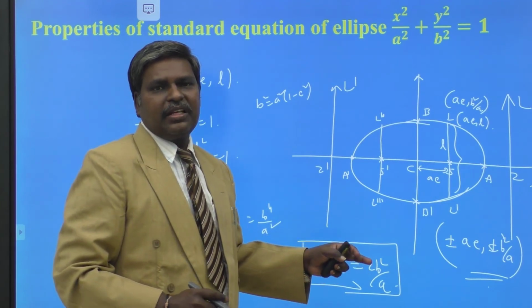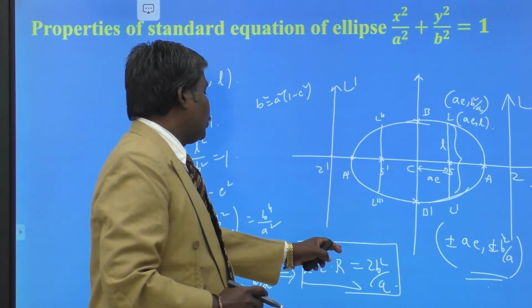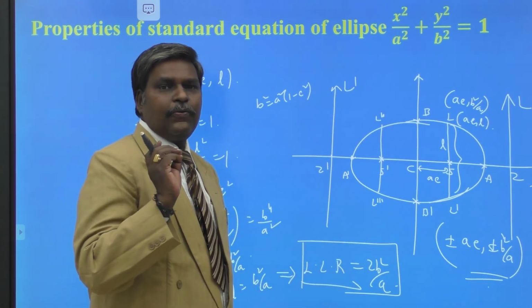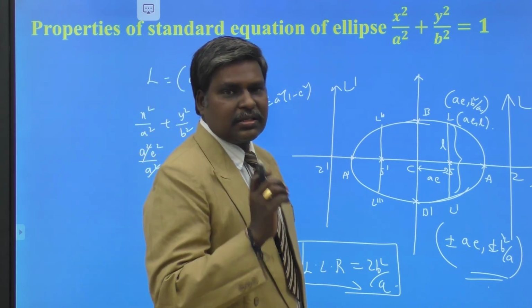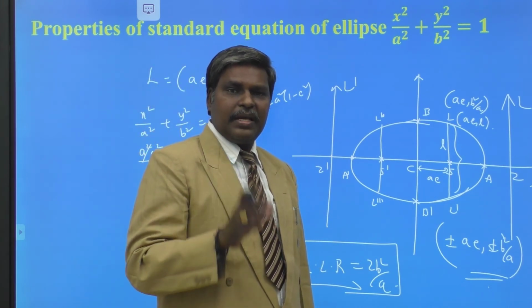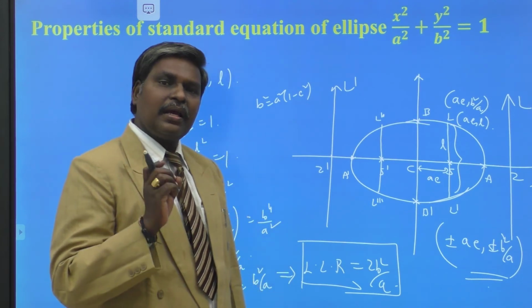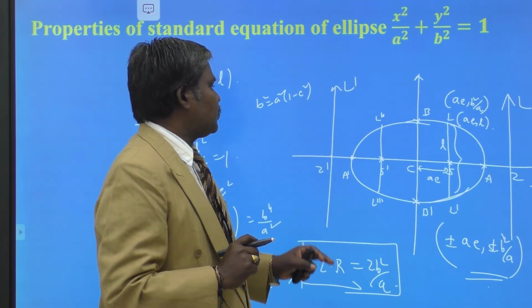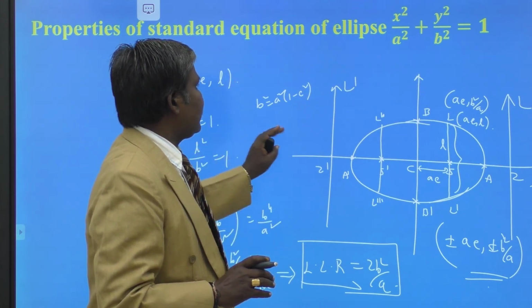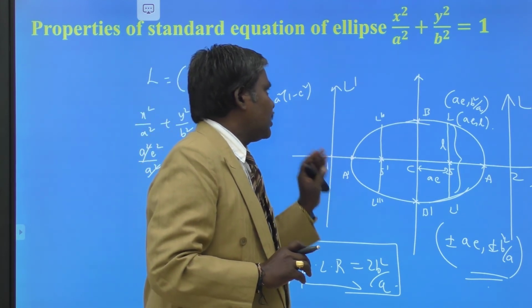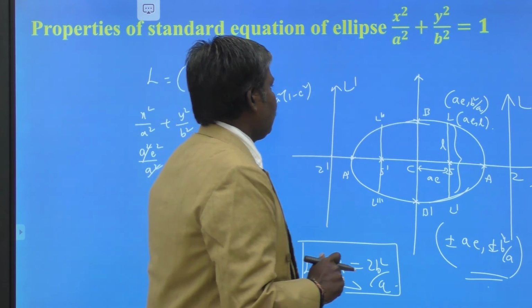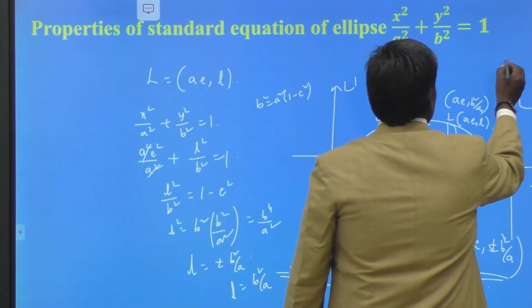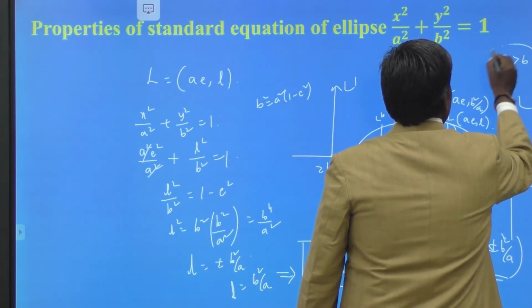So, what is my length of the latus rectum, my dears? 2b square by a. So, we have foci, directrix, center, vertices, major axis, minor axis, eccentricity. What is eccentricity? Root of a square minus b square by a. This is the entire story related to the ellipse x square by a square plus y square by b square is equal to 1 for a greater than b.